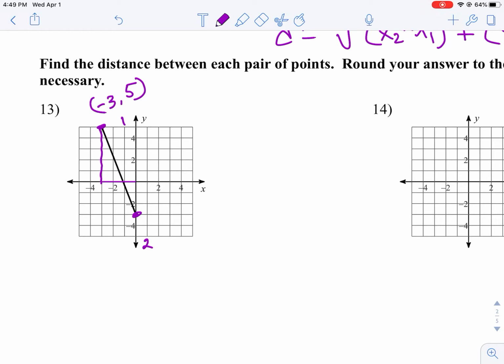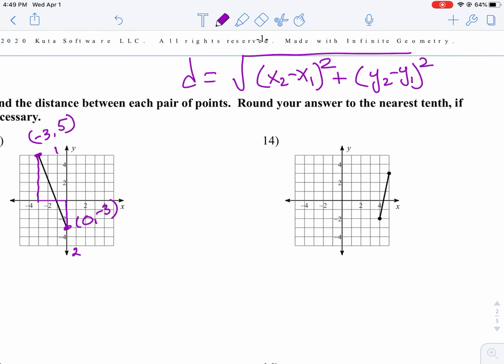We'll call this point 2. So the x, there is no left or right. It's just x is 0. And the y is down 3, negative 3.